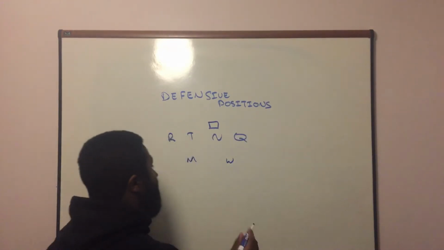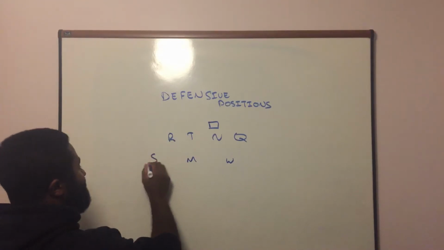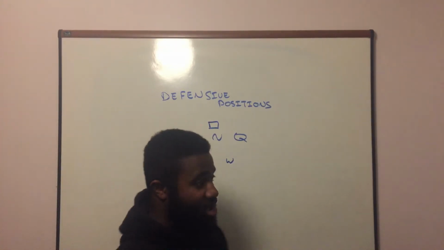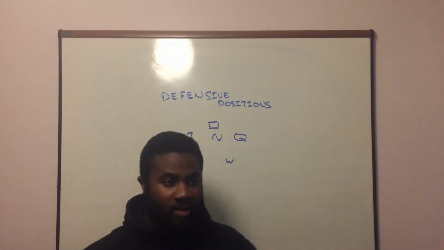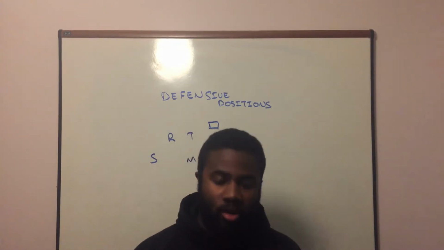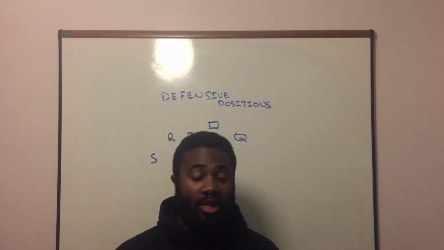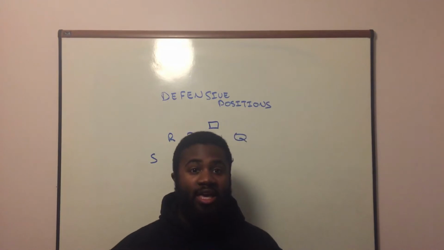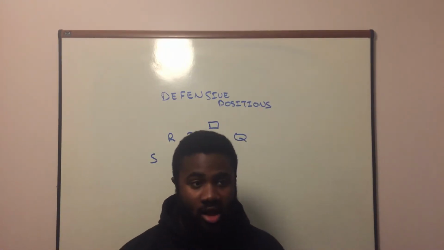Now, we do have a hybrid player, and that is the Sam linebacker. The Sam linebacker in Canadian football is typically a player who has characteristics of a linebacker. He might be a little smaller, but he is definitely more athletic than a linebacker.